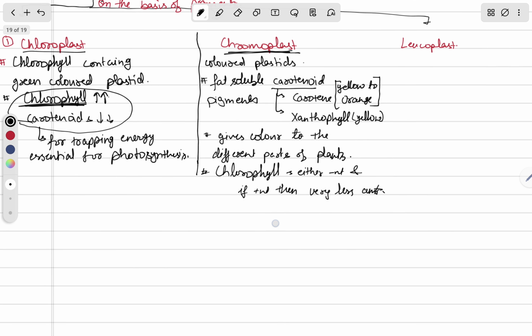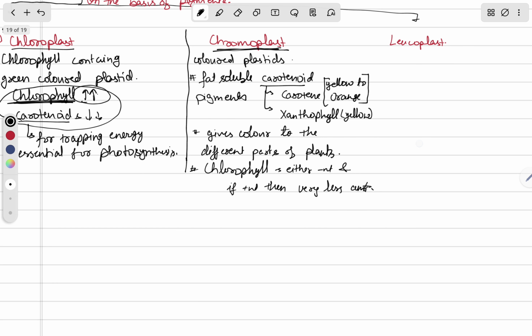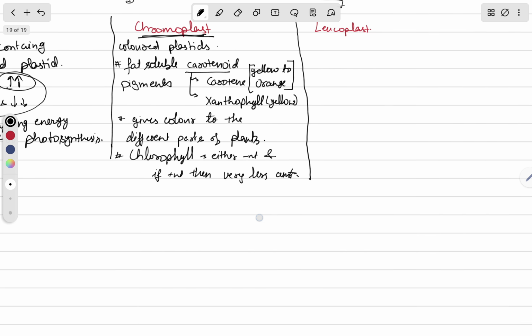So if we talk about the pigments, chloroplasts have both chlorophyll and carotenoid. The amount of chlorophyll is way more than in chromoplast, and carotenoid is less as compared to chromoplast. Chromoplasts have more of the colored pigment, that is carotenoids, which gives them different colors.